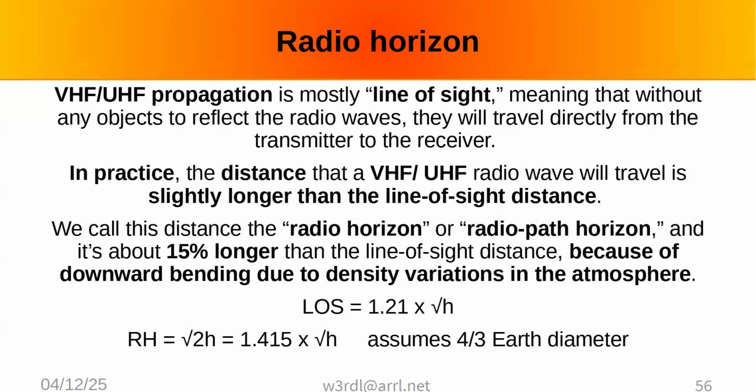The way they estimate that is they use 4/3 of the Earth's diameter in the formula instead of 3/3 of the Earth's diameter. It's just an approximation. Apparently it's close.